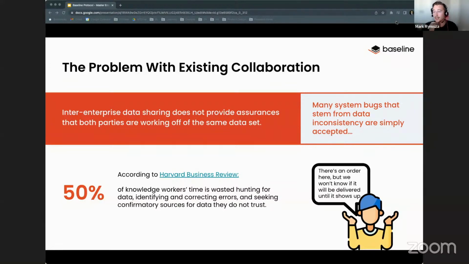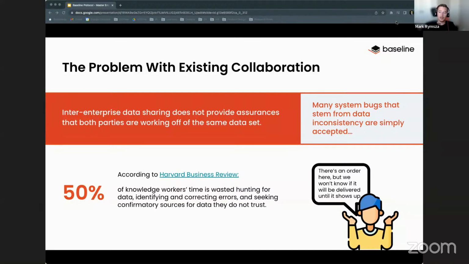This is a common problem that you might encounter with people who work with SAP systems. There's an order in the system, but we don't actually know if this order is going to be delivered until it shows up, because there's been no validation before this, no real assurance that we're working off of the same data set.